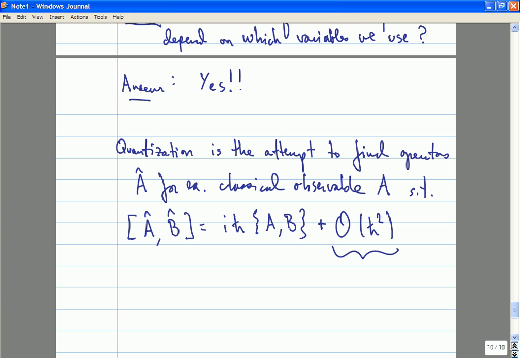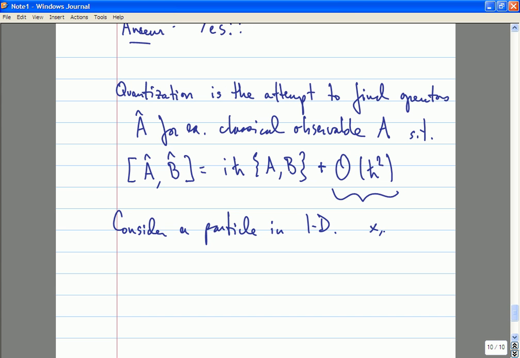So let me talk about a very simple example. Consider a particle in one dimension with some variables x and p.